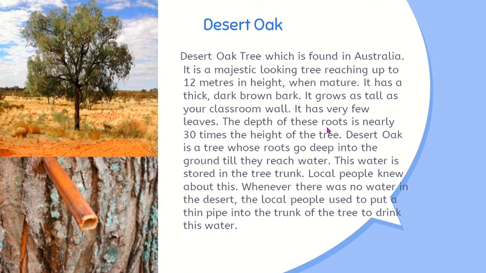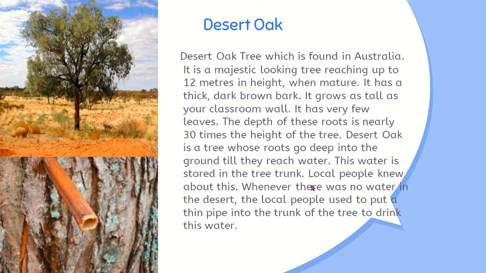The depth of its root is nearly 30 times the height of the tree. If the height is 12 meters, the depth of the root is nearly 30 times that. Desert oak is a tree whose roots go deep into the ground till they reach water. This water is stored in the tree trunk.